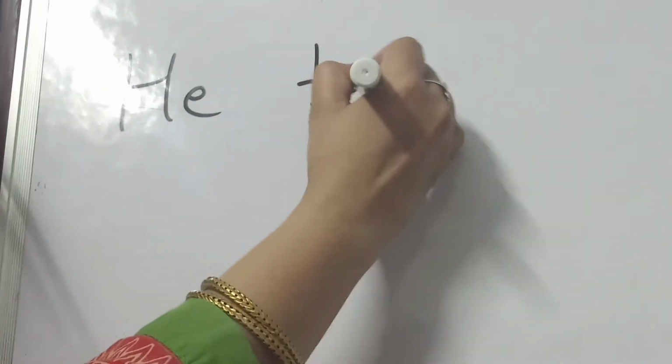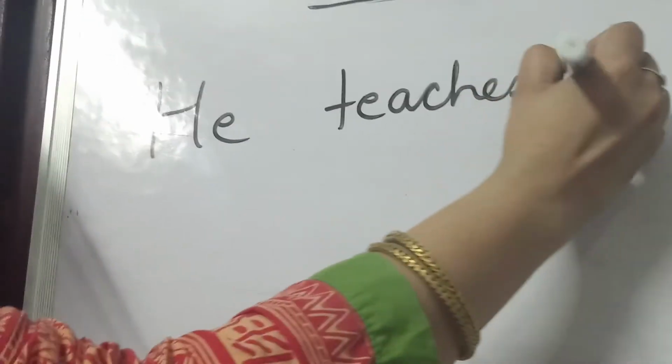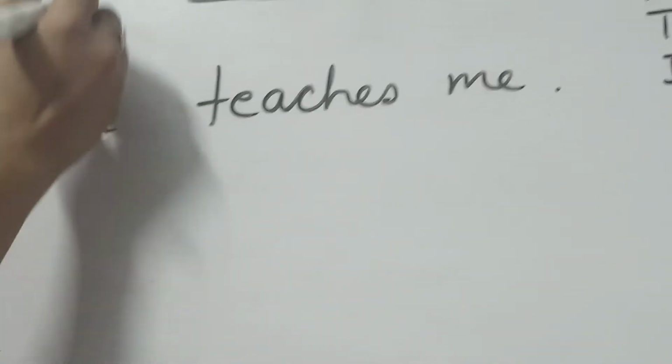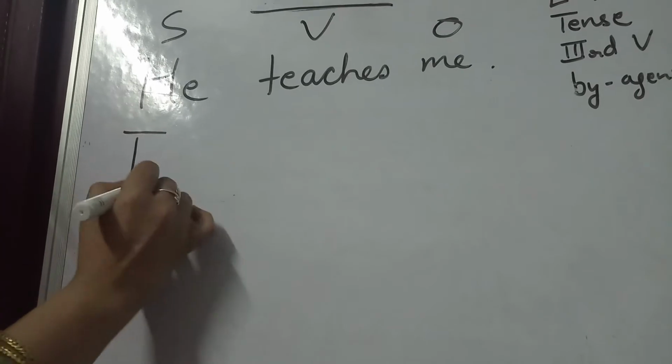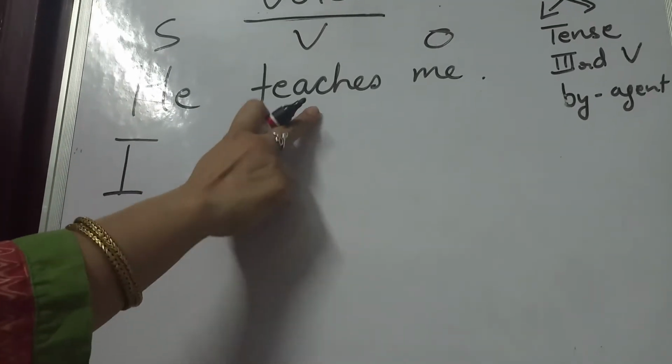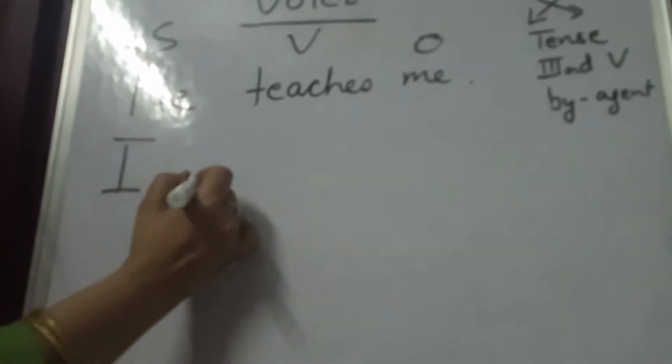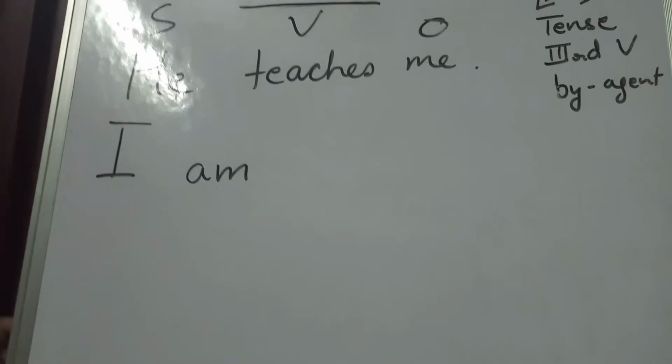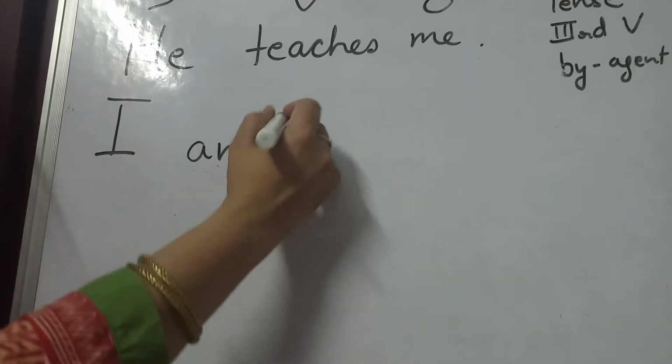He teaches me. As a practice, subject, verb, object. Object changes to I. For I, if we go to verb agreement for present tense, the tense is present. For verb agreement, if we go with I, we use am. What will be the third form of teach?